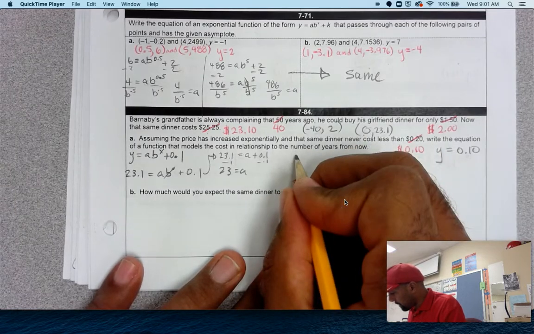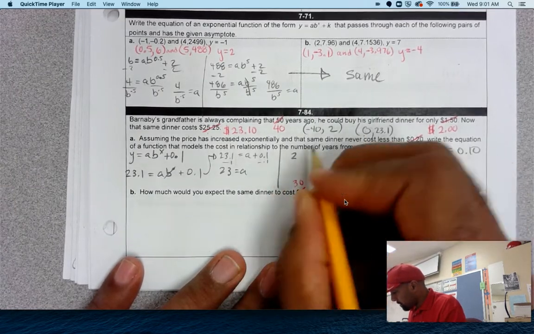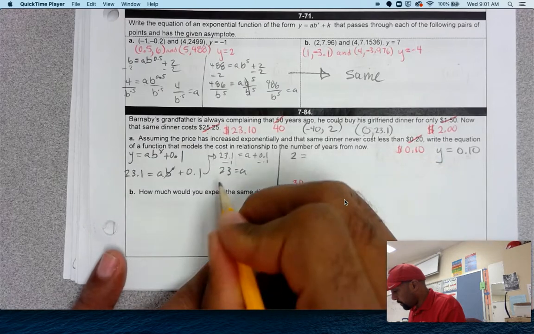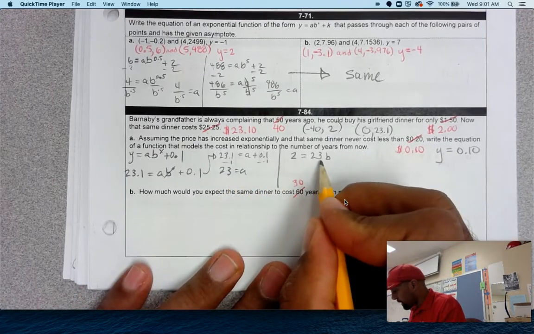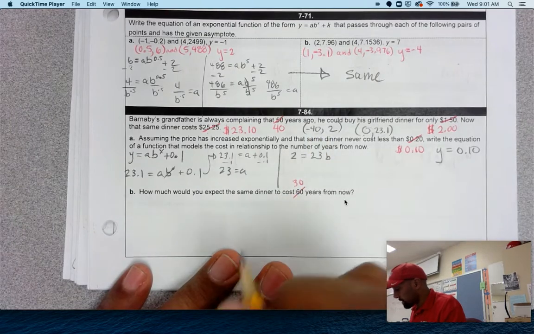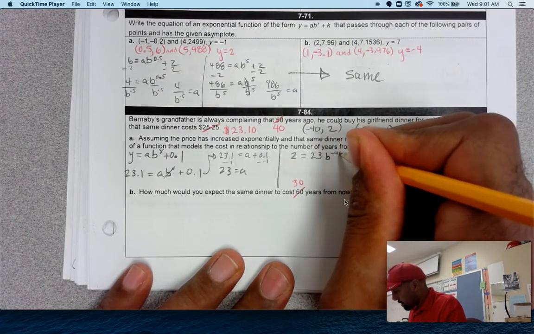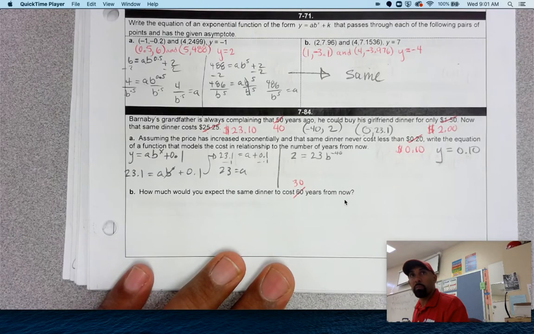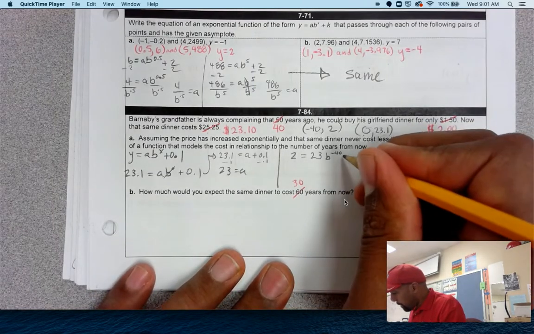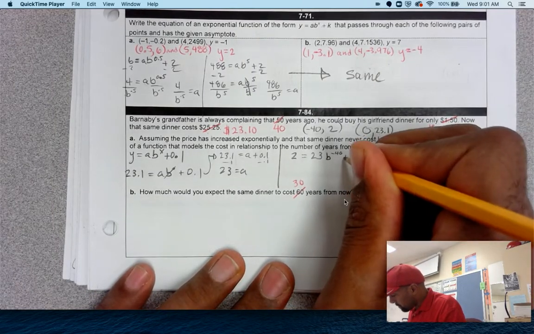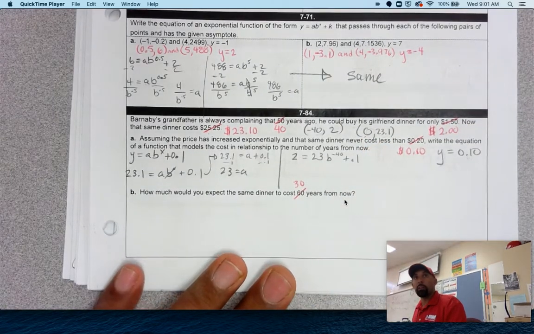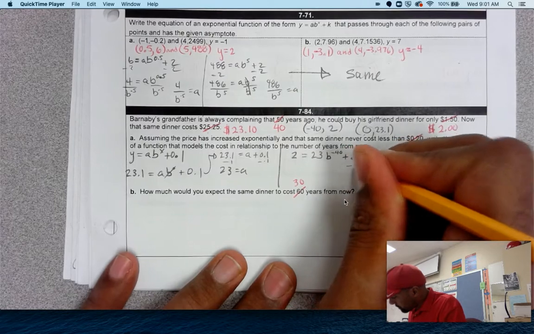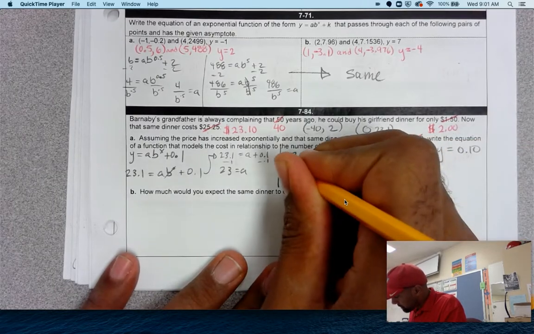Now I'm going to plug in the 2 for the y. We already know the a, so that goes first. And then it's b raised to the x power, which in this case is negative 40. Yes, it's going to be a huge exponent. And then plus our k value, which is 0.1. Now the first thing we want to do is subtract the 0.1 from both sides.